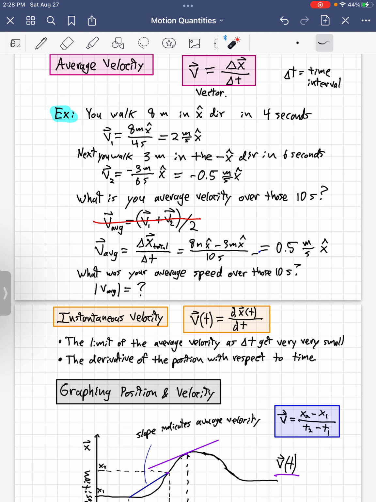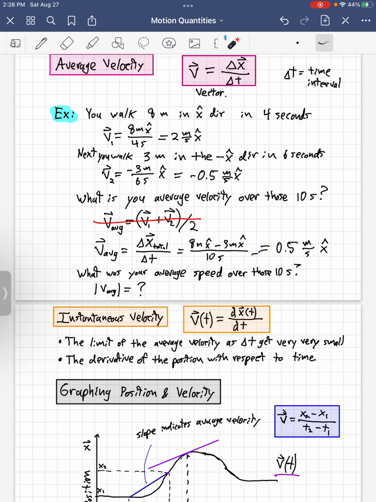And you divide that by the total time, 10 seconds, over which it occurred. And so that would be, our initial displacement, right, was 8 meters. And then our next displacement was minus 3 meters. So in the end, we're about 5 meters away from our initial start point. And over 10 seconds, that means our average velocity was half a meter per second.